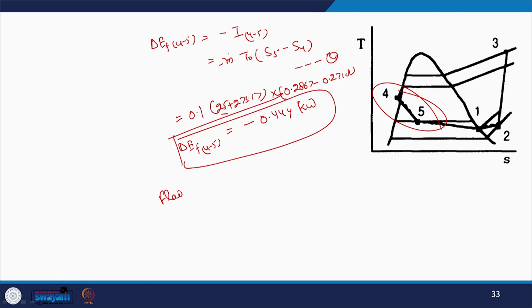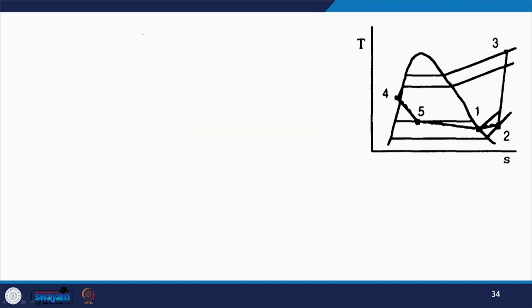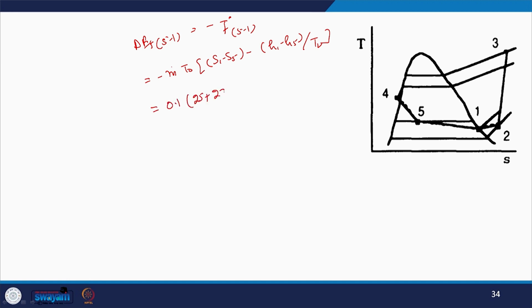So the flow exergy rate difference for the evaporator can be written as delta EF 5 to 1, and that is m T naught (S1 minus S5) minus (H1 minus H5) upon TL, and that is 0.1 into (25 plus 273.15) into (0.7086 minus 0.2867) minus (181.2 minus 74.59) divided by (minus 15 plus 273.15).